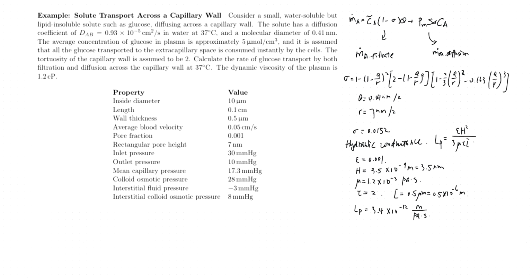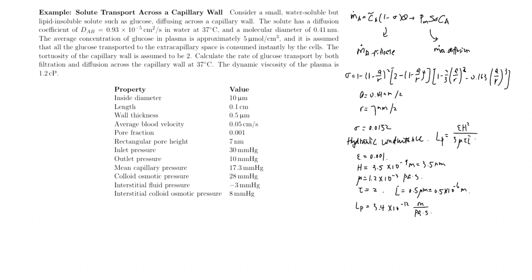Okay, what else? In order to calculate the Q, so what do we want to find with Q? Q is equal to LPS multiplied by delta psi, which is LPS multiplied by delta P minus delta pi.